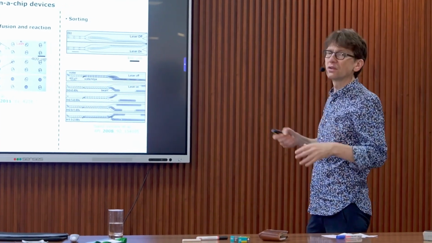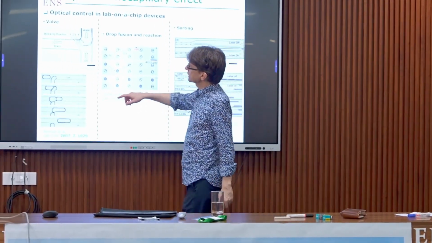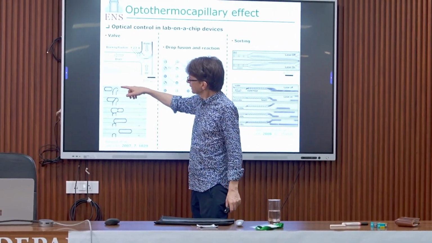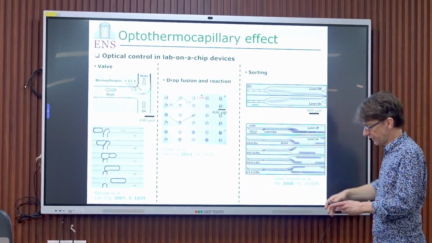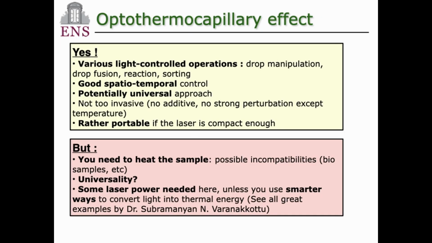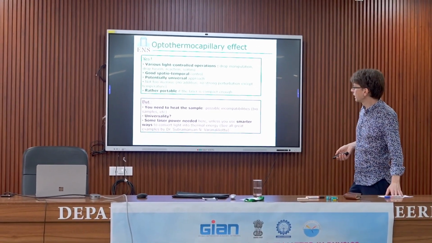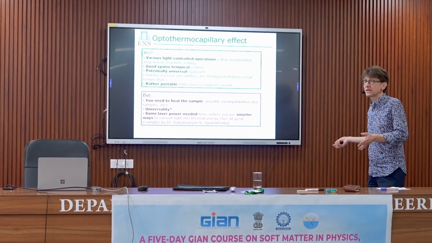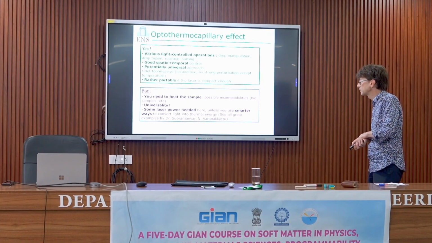And then there was this French group of Charles Barroux. They did a lot of macrofluidics applications with that. For example, they block some meniscus using a laser. They control the fusion of droplets like that, and they do some kind of valve experiment. So you can start to do something. Maybe the small problem I see is that you need to heat the sample, so you have to be careful that you work with compatible samples.